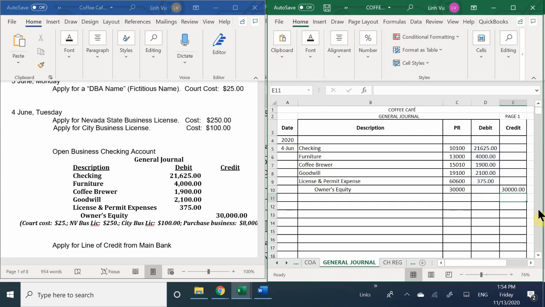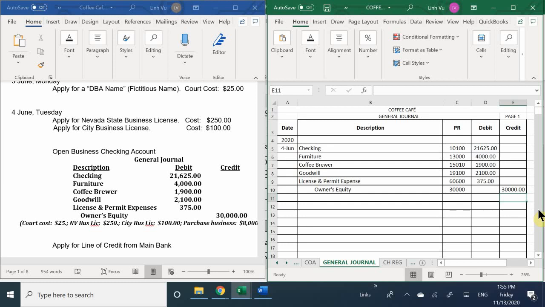And if it equals 30,000, then we typed in everything correctly. So yes, I got an equivalent to 30,000. So therefore, my journal should be almost complete, right? We have the total debits equal our total credits. We have all of our debited accounts come first, and then lastly our credit account.